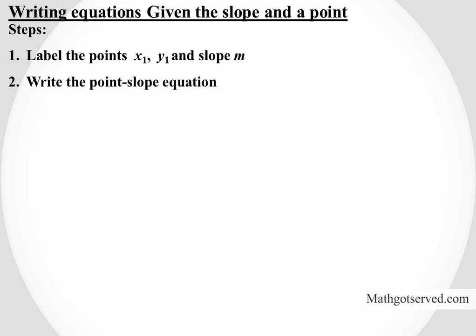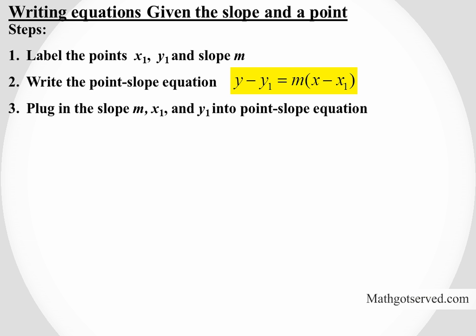After that, you write down the point-slope equation, which is going to guide your problem-solving process. The point-slope equation is y minus y1 equals m times (x minus x1). Then you plug in m, x1, and y1 into this equation, and then you simplify by isolating y by itself, and you're basically done.